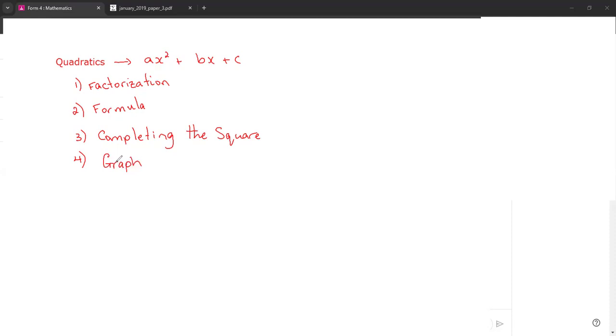Now, what I'm going to do is look at solving quadratics through factorization. When you are factorizing, they can ask you to factorize a quadratic. However, if they ask you to solve a quadratic, it means that your quadratic is going to be equal to 0.